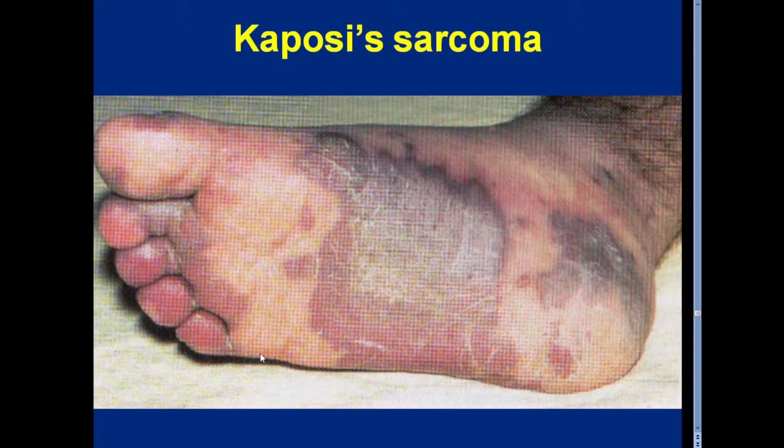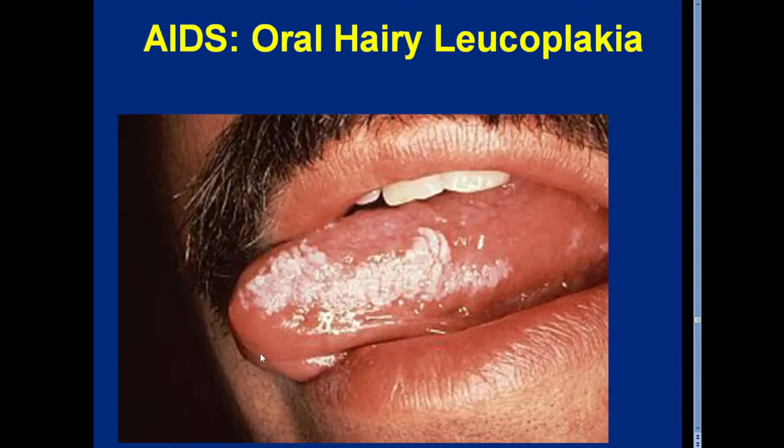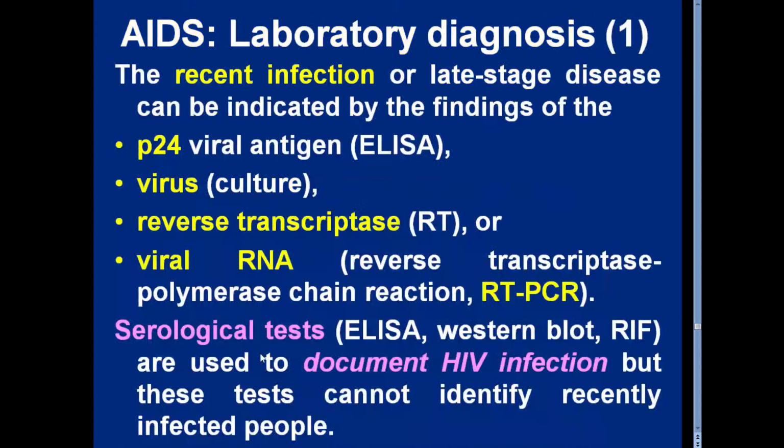Kaposi sarcoma, vessel tumors on the skin, also maybe in the oral cavity. Oral hairy leukoplakia is an AIDS-marked infection. That's why all of these and other different opportunistic infections may be the reason of death of AIDS patients.